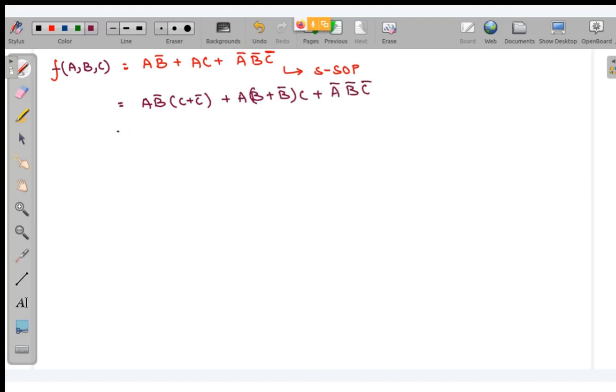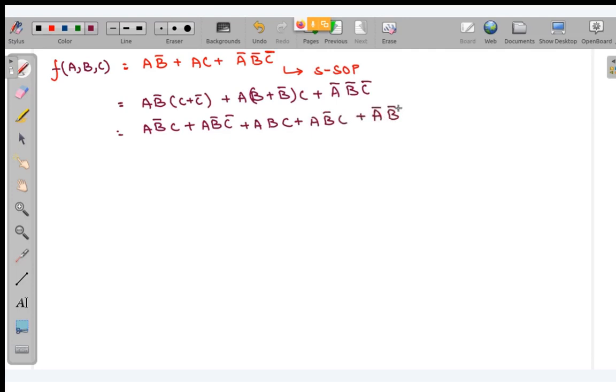So this is A B complement C plus A B bar C bar plus A B C plus A B complement C plus A bar B bar C bar.